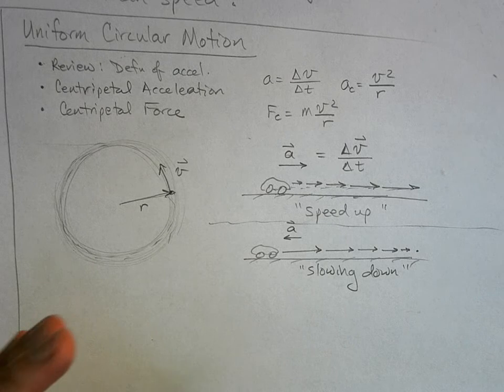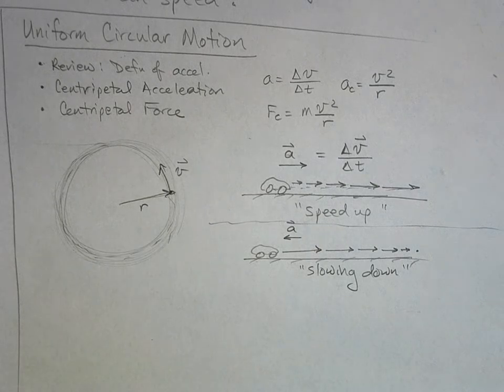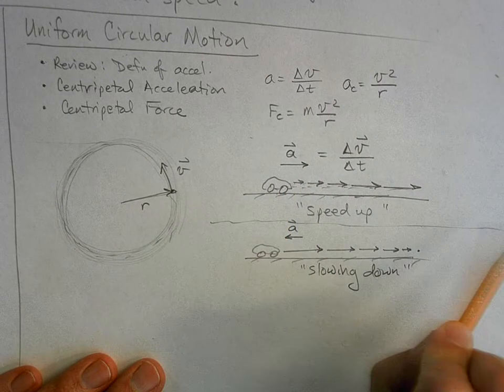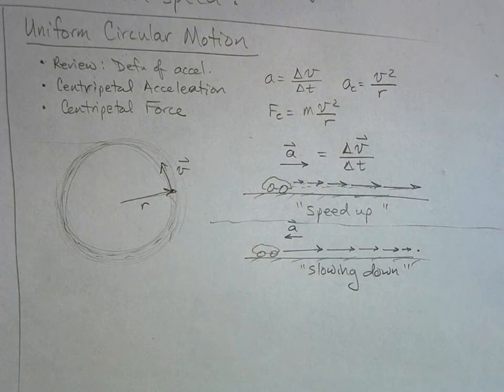You feel like you're getting pushed back in your car seat. Why? Because your body has inertia and it wants to keep doing what it's doing. But if you're going to go faster and faster, the seat has to push you forward, and it makes you feel like you're getting thrown back. But you're not getting thrown back, you're getting pushed forward. Does that make sense?